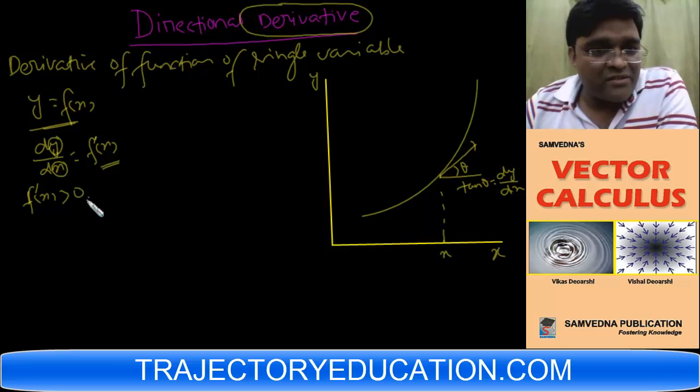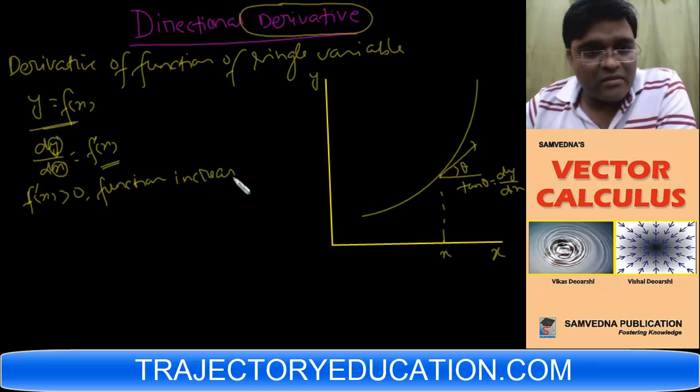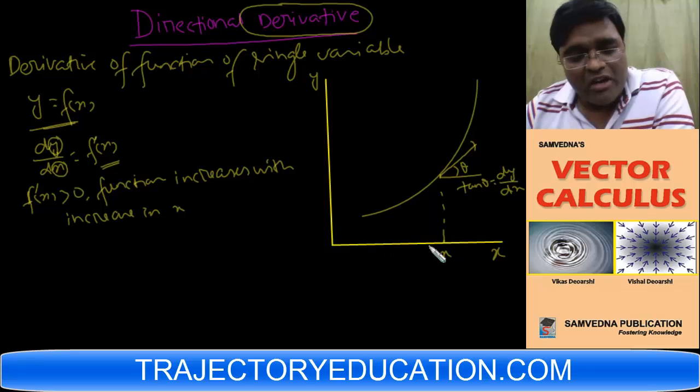So if f dash x is positive, it means the function increases with increase in x. It means when I move along the x-axis, the value of y on this curve is increasing.